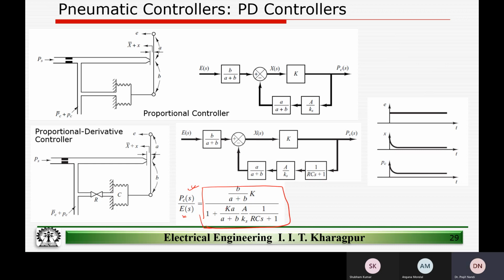I'm not deriving this, it is pretty straightforward to understand. But for you, in this subject, what is important to understand, other than the effect of feedback, or rather how we are getting rid of the nonlinearity, is the electrical equivalent of these pneumatic controllers.